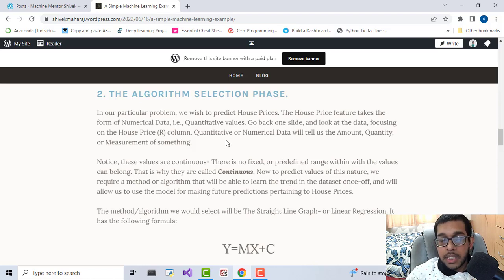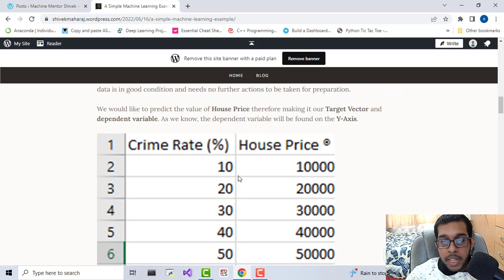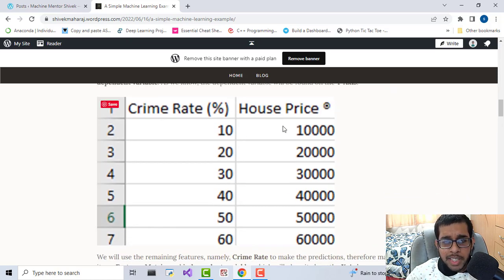Quantitative or numerical data will tell us the amount, quantity, or measurement of something. So house price is measured in a quantitative value. It's a numerical value telling us a quantity. In this case, the quantity is a measurement of the price of the house itself.